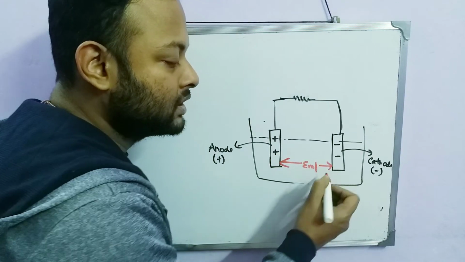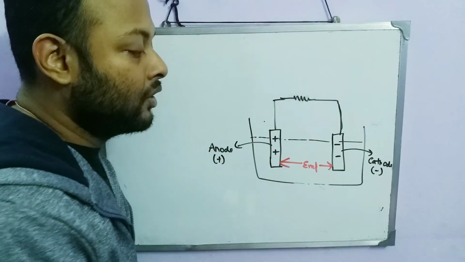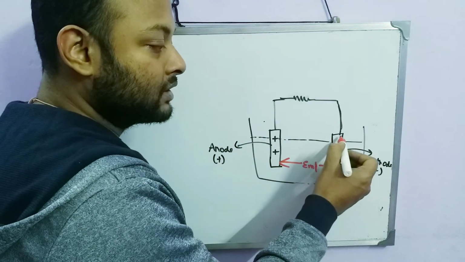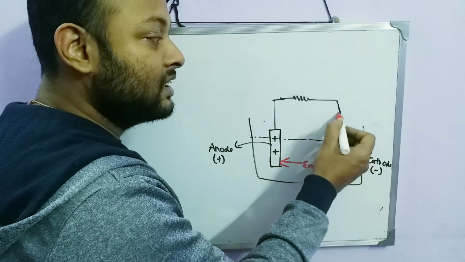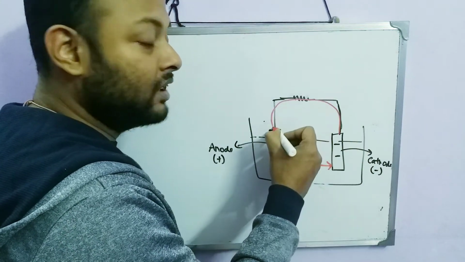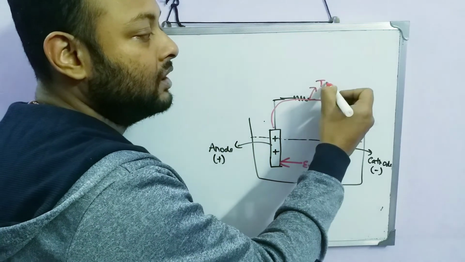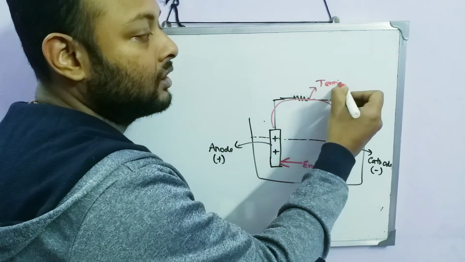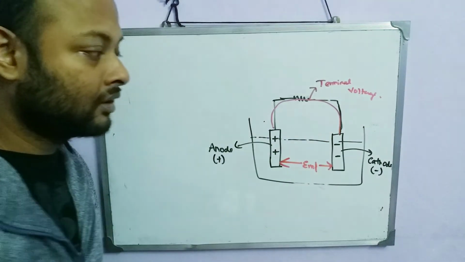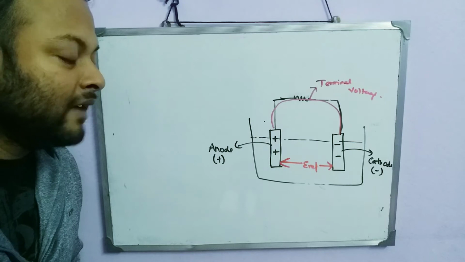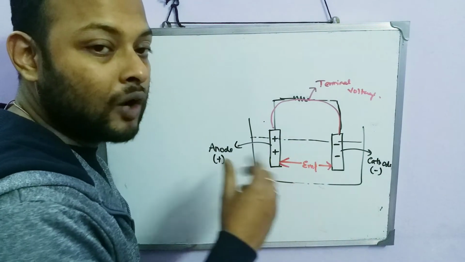But the potential difference between the electrodes in the external circuit is called the terminal voltage. Okay.